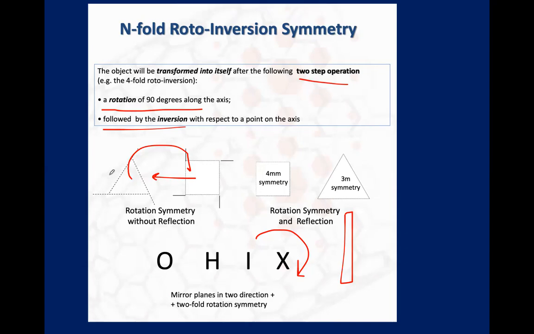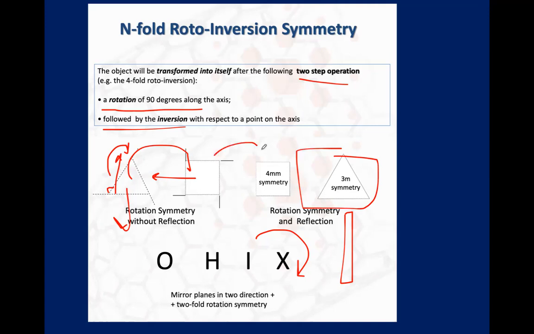When you rotate this 90 degree, what you should see? That means you have to make this like this, right? 90 degree rotation, and then you make it inversion, other side. So you will see object like this.